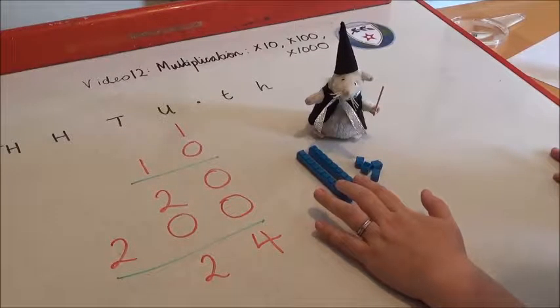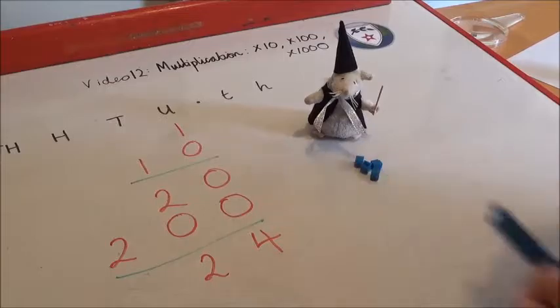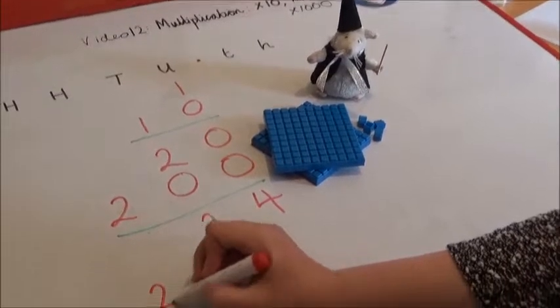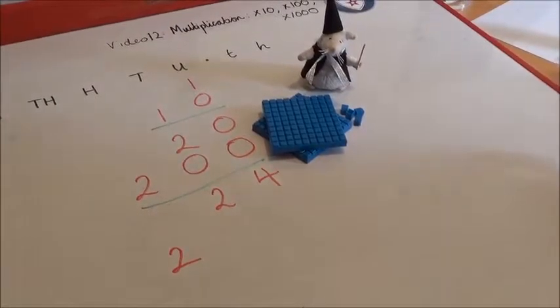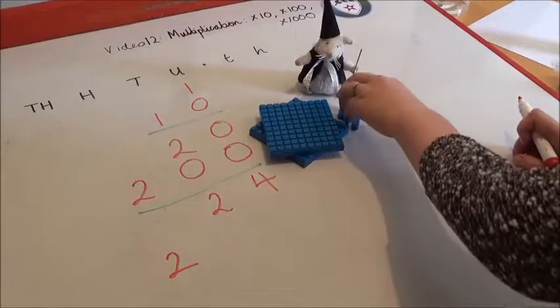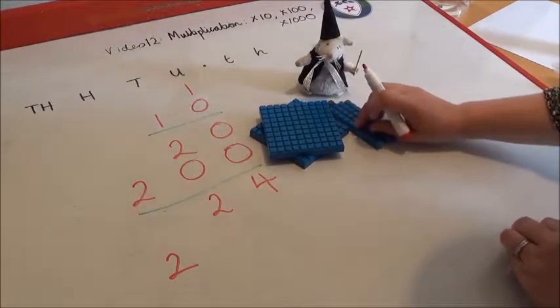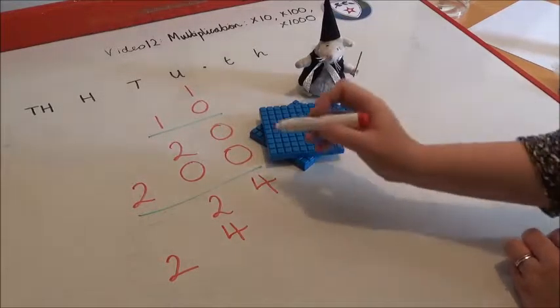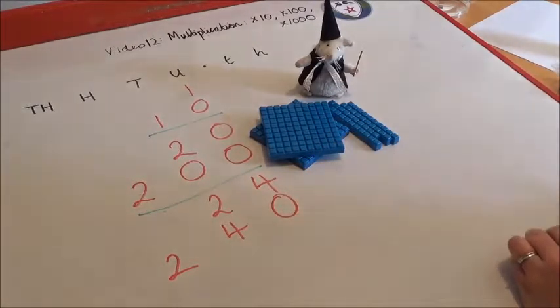So we know that the two tens are going to become 200s. They're going to move up into the place value position. The 4 units are then going to be multiplied by 10. They're going to be moved up the place value position as well to become 4 tens. And then we have 0 units left.